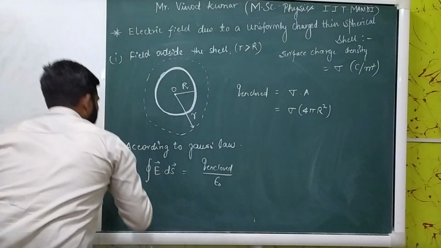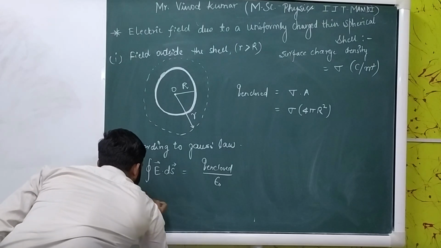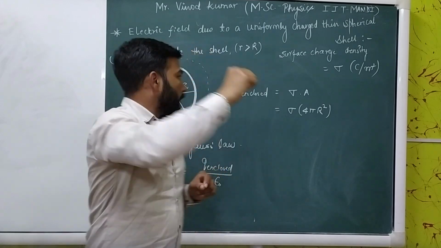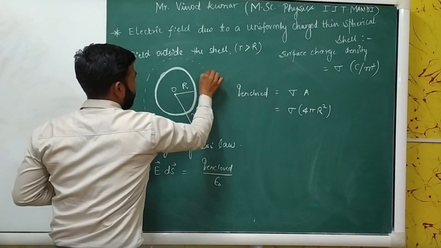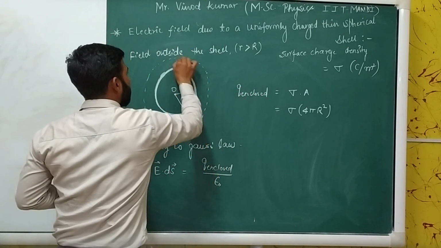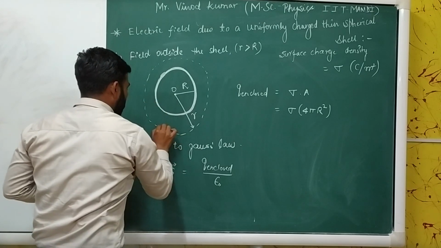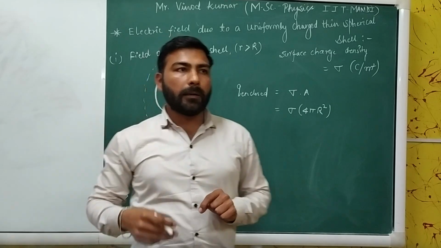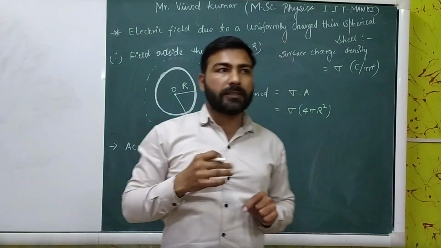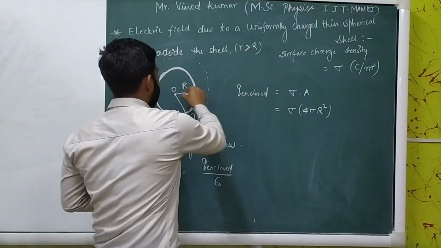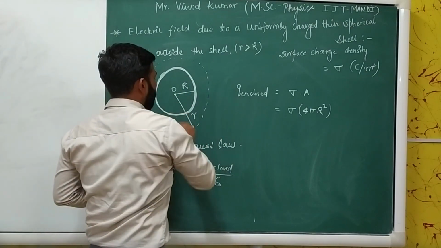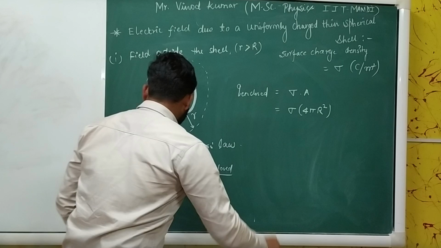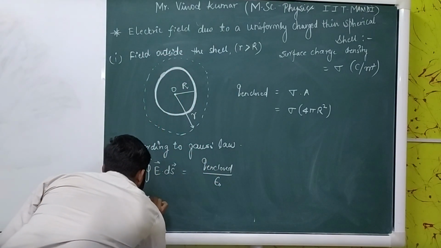Now, the electric field at any point on the circumference of this spherical Gaussian surface is the same because the distance is the same, that is small r only. So that is why we are taking the electric field outside the integral.